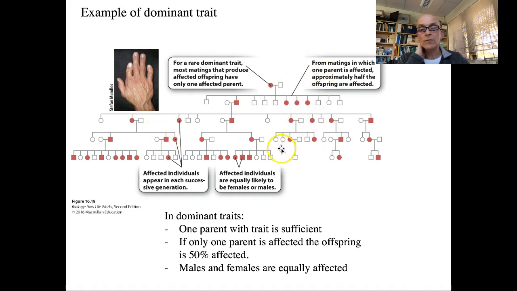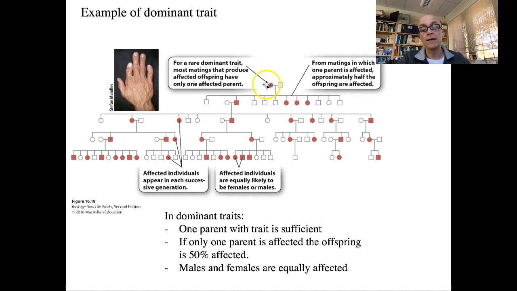So if you look at a pedigree, and you want to know, is this trait dominant or is it recessive? You can do a number of things, and these call-outs here suggest things to look for, and I also summarize them up here. So if it's dominant, you already know that it's enough if one of the parents carries that trait, because that would be the big A, little a, right? So let's say this is big A, little a, and this person has little a, because you don't see the trait.